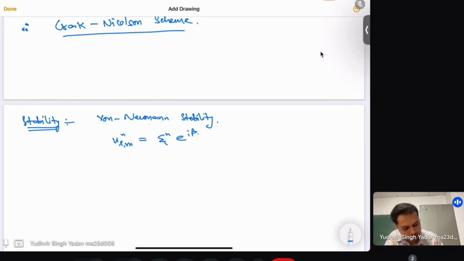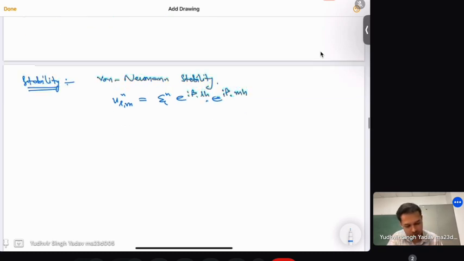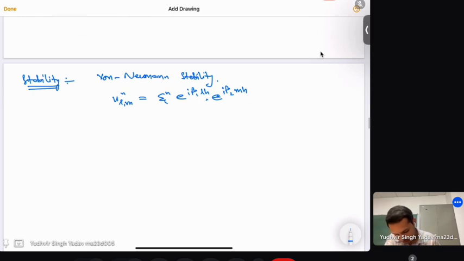So it will be xi to the power n multiplied by e to the power iota beta 1 l h into e to the power iota beta 2 m h.